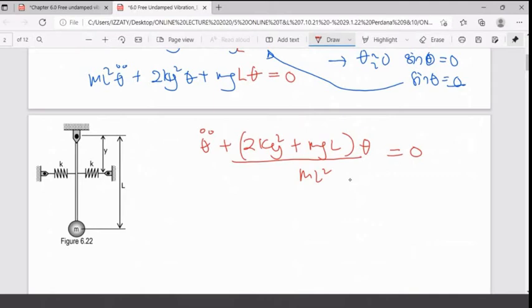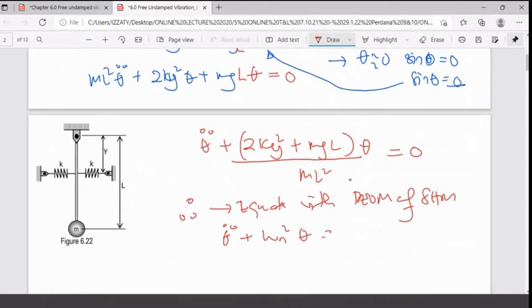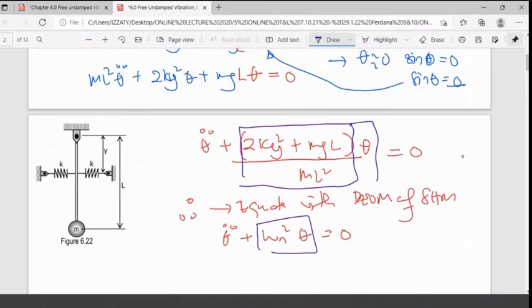Then you can simplify this one, because, remember, you equate with what? The differential equation of motion of simple harmonic motion, which in terms of theta double dot plus omega square theta equal to 0. So start selecting perhaps the second term of the equation. This one is basically equal to that one in the same manner.